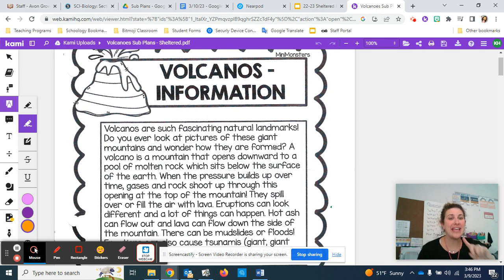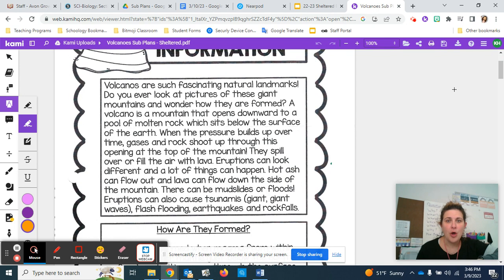A volcano is a mountain that opens downward to a pool of molten rock which sits below the surface of the earth. When the pressure builds up over time, gases and rock shoot up through this opening at the top of the mountain. They spill over or fill the air with lava.